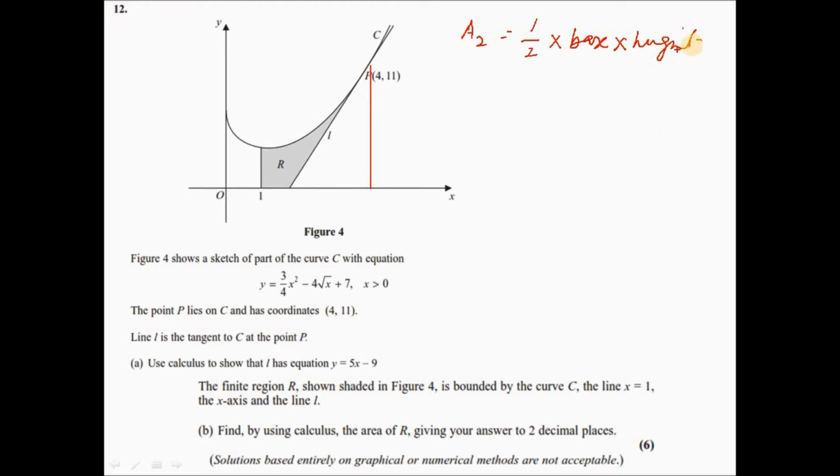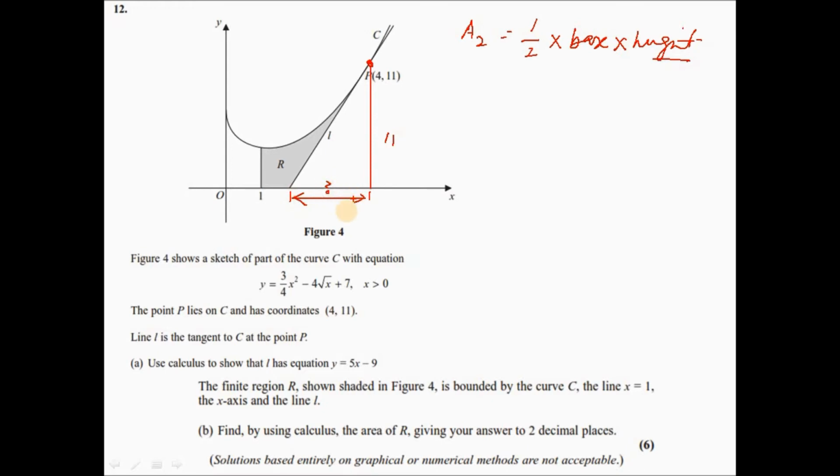We don't need to worry about the height, because the height is 11. Why 11? Because 11 is the y coordinate of point P, and the y coordinate gives us the vertical height. The only thing we need is the base, which we don't have, so we need to find this base.